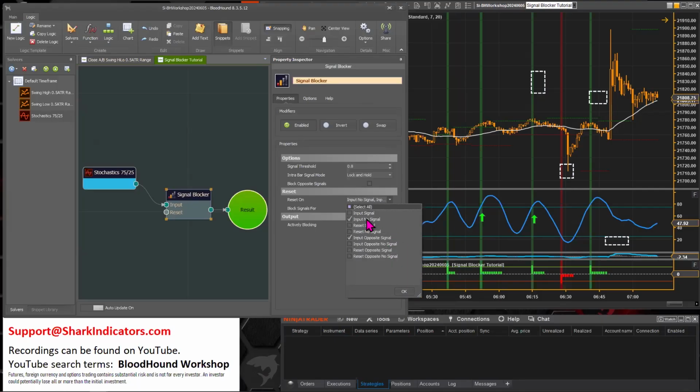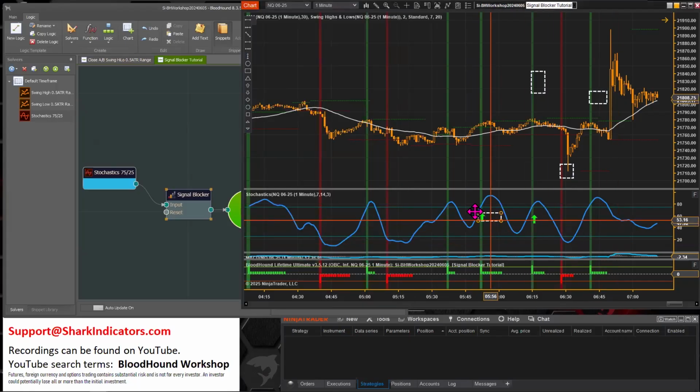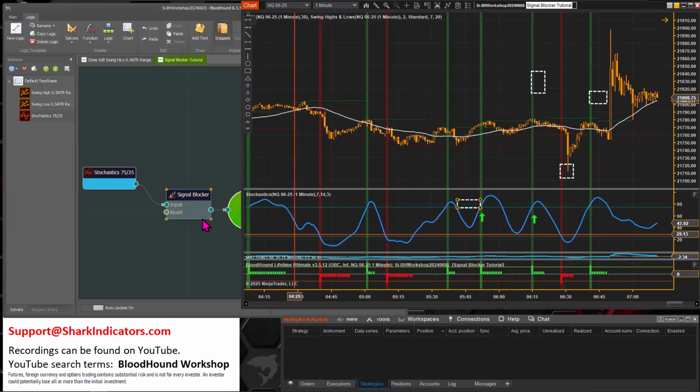Again, the word signal is referring to what is being blocked, and what's being blocked are longs. So when there's no longer a long signal coming in, it's the absence of long signals which is resetting this. That's why I had this up here and not down here, because it's referring to the absence of long signals.